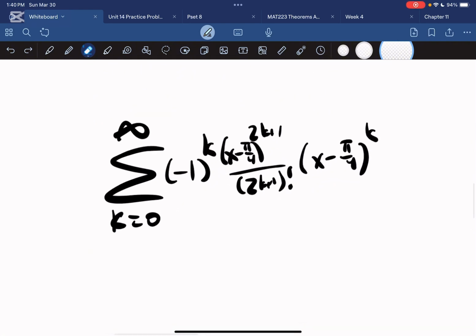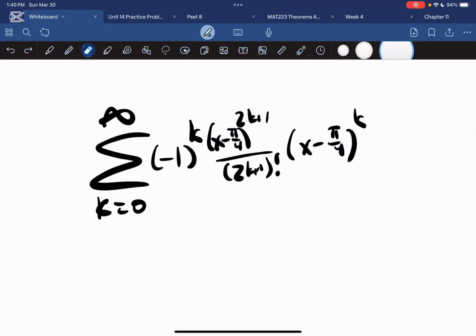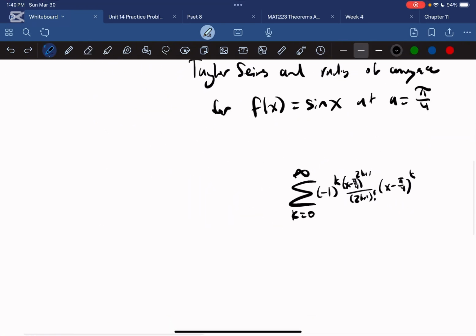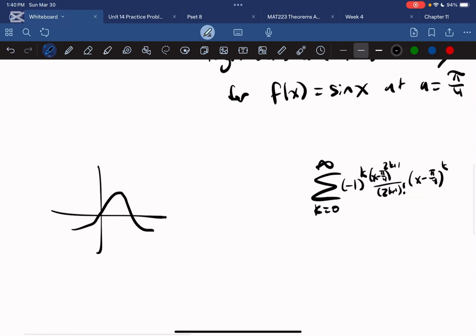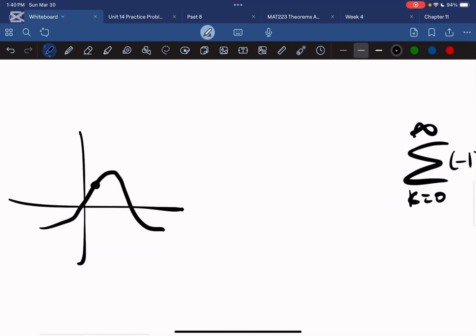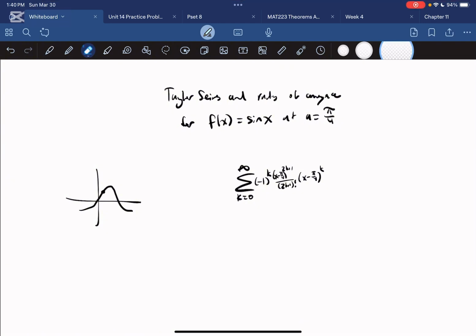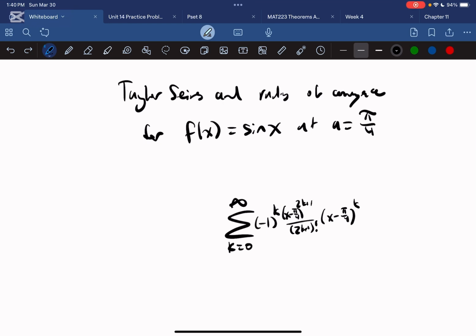What this details is the Taylor polynomial centered at 0, evaluated at pi over 4. So it's actually not the Taylor series centered at a equals pi over 4. I'm pretty sure it doesn't end up making a difference for the Taylor series, because sin x is analytic, I think, meaning it's the same.